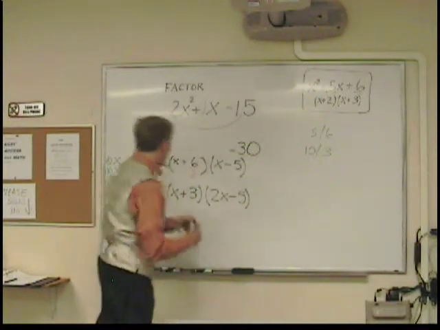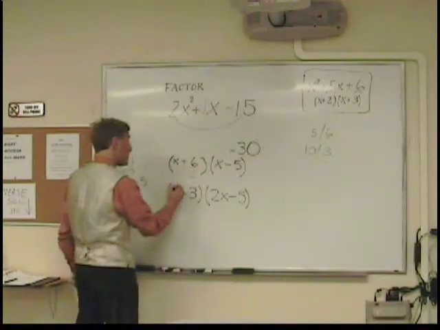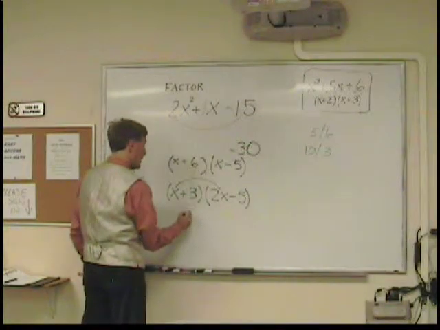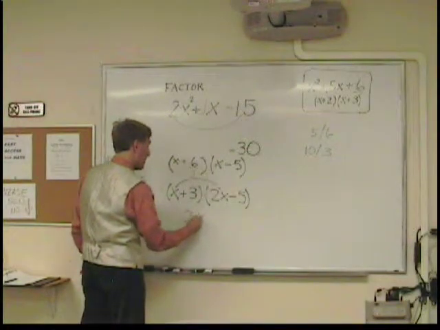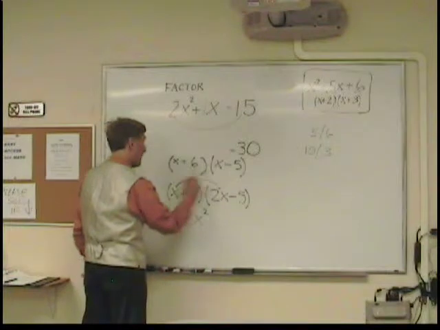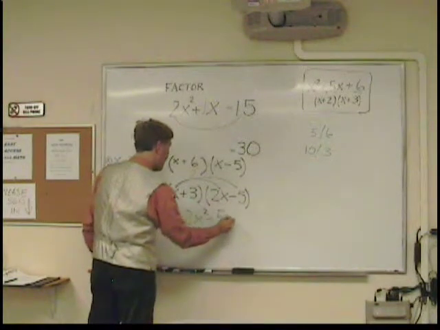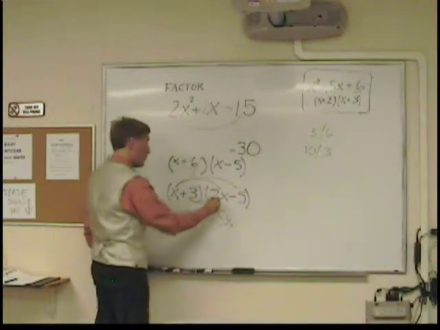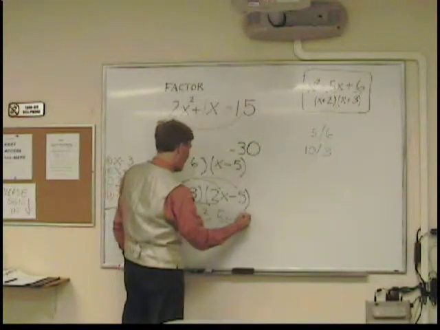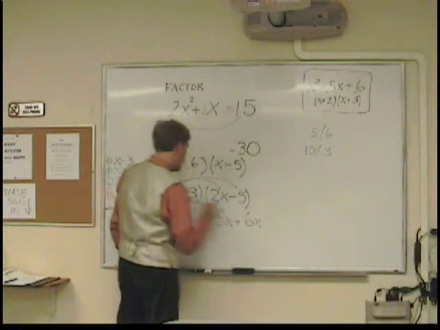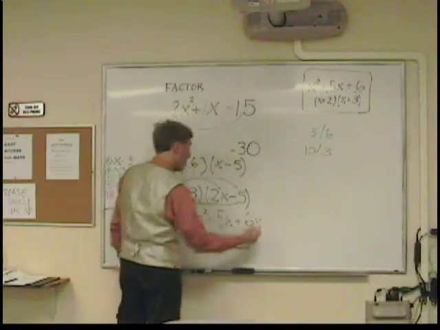To check, I could use FOIL. X times 2x is 2x squared. X times negative 5 is negative 5x. 3 times 2x is positive 6x. And here's my negative 15, the 3 times the 5.